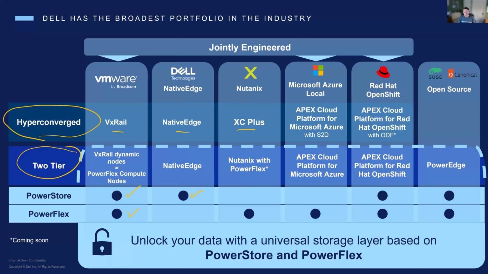Absolutely. So over the last couple of years, we've seen, obviously, we have a significant segment with VxRail. And over the last couple of years, we've really seen an uptick in the two-tier architecture with dynamic nodes. So adding PowerStore and adding PowerFlex to the back end to give various tiers of storage and also that flexibility. We're starting to see a ton of traction with Native Edge.